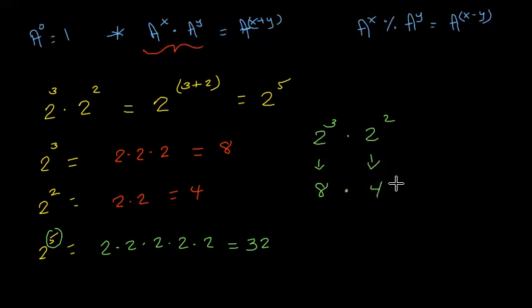When I multiply these two together, I should get 32, which is in fact what 2 to the 5th is. So it works. If I just went by the rule, I would add the exponents and get 2 to the 3 plus 2, which is 2 to the 5th, which is 32, which is correct.